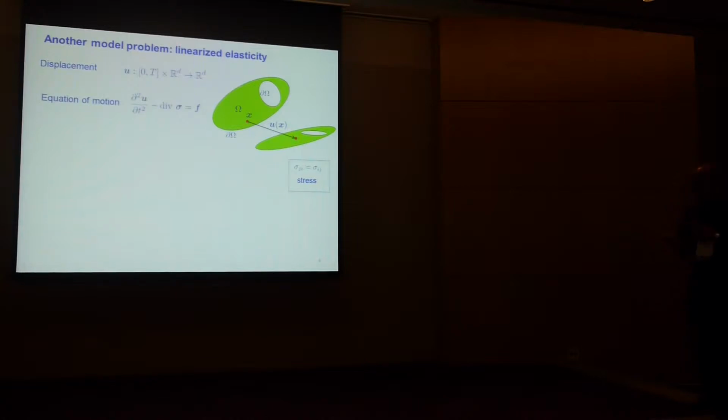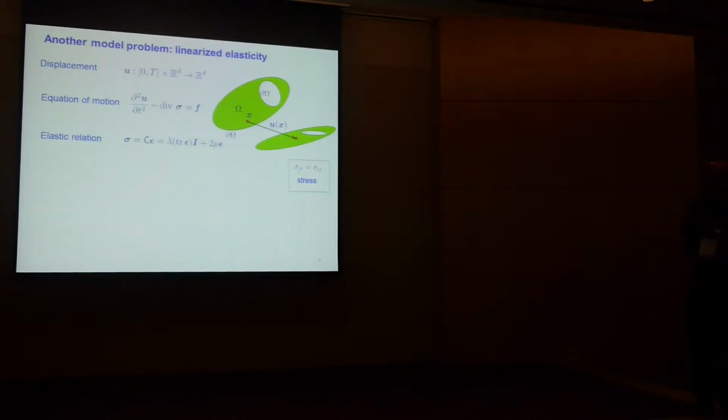Now the analog of the balance of energy is balance of momentum, the equation of motion. It's second order in time, and I have a term here, instead of the heat flux, the stress, which is a tensor or matrix-valued function.